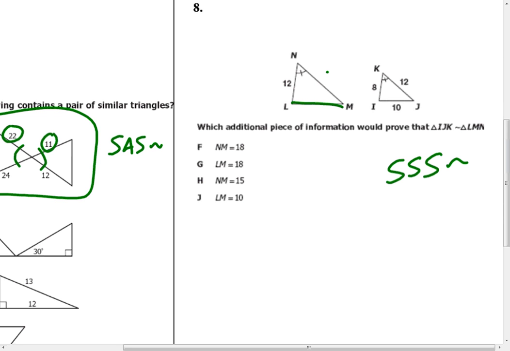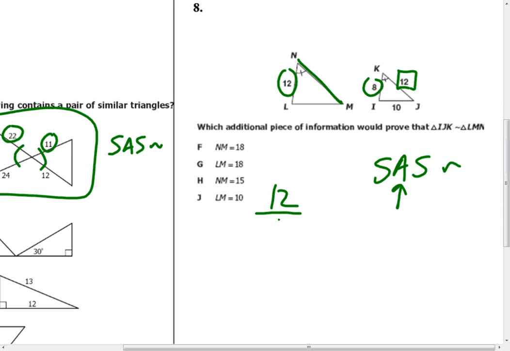And I need all 3 sides to do SSS. So the only thing this could possibly be is an SAS situation, which means that the angle has to be directly in between whatever it is we're doing. So I need this side so that I have something to compare to this 12. I got 12 and 8 that go together.